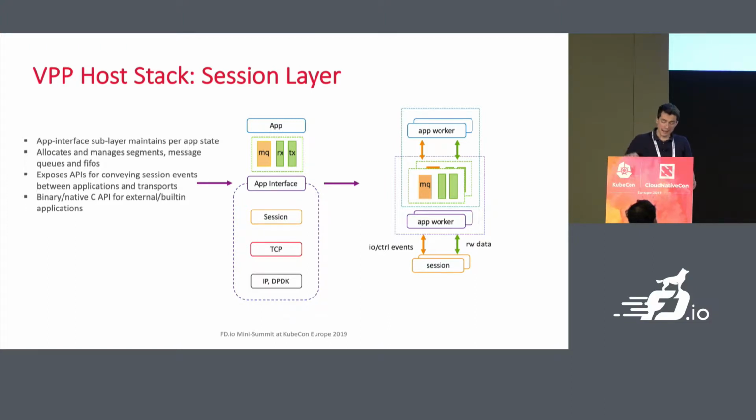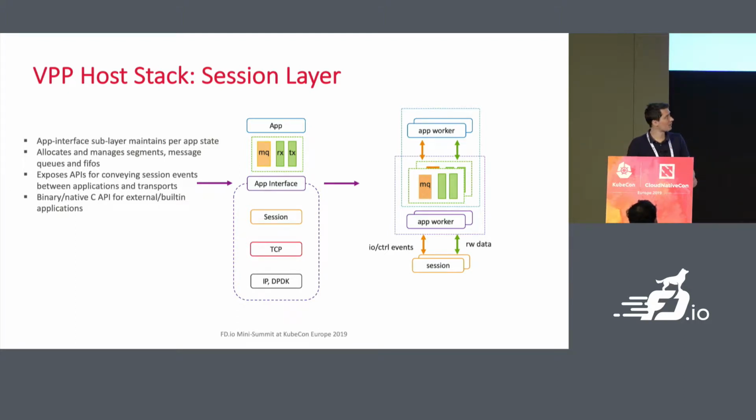The app interface sublayer is the one responsible for allocating this greenish thing here, the shared memory resources that applications use for communicating with the session layer. At the same time, it's also responsible for coordinating with these external applications in order to have them find, mount, and eventually use these shared memory resources.